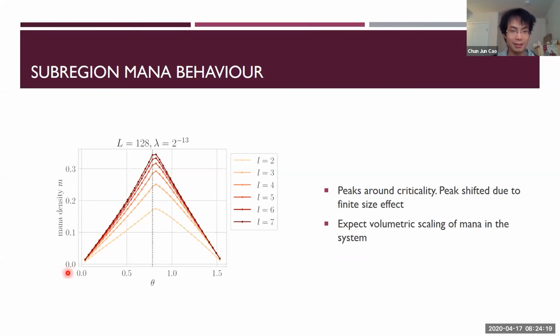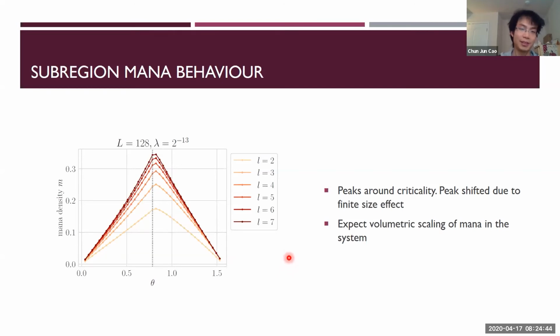And on the vertical axis is plotted the mana of the subsystem divided by the number of sites. So it's mana density, what we call here. Two things we immediately notice: as you tune the system close to criticality, the mana density increases, and in fact it peaks around here and then comes back down again.